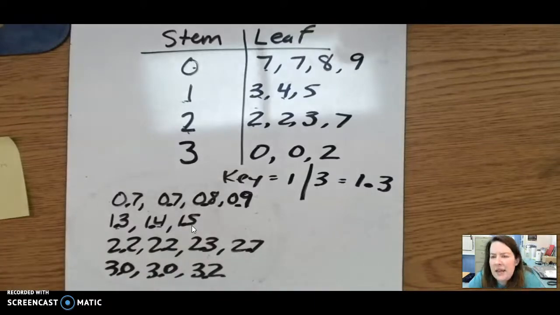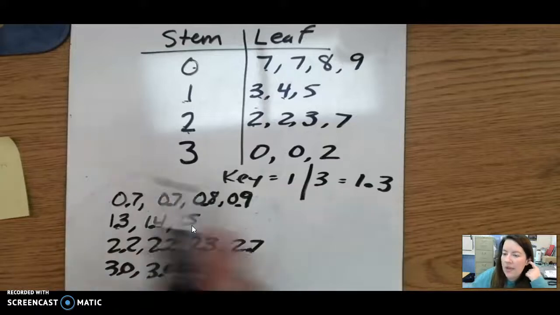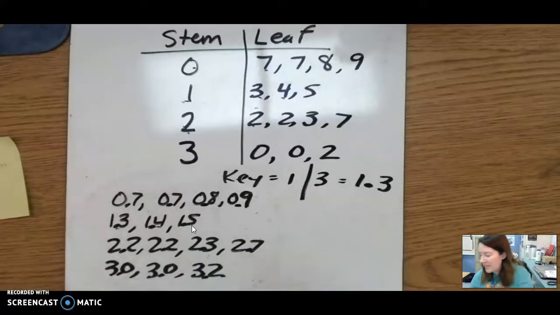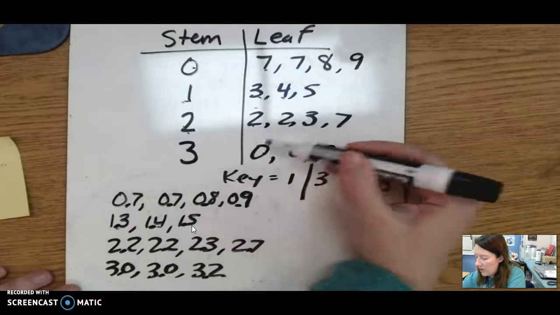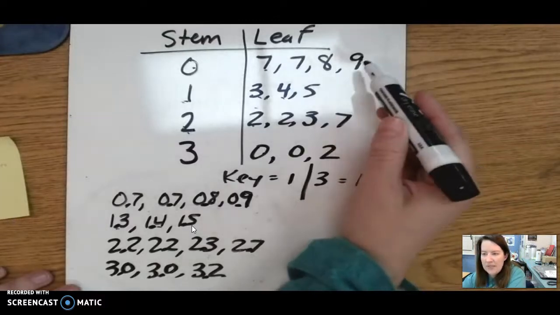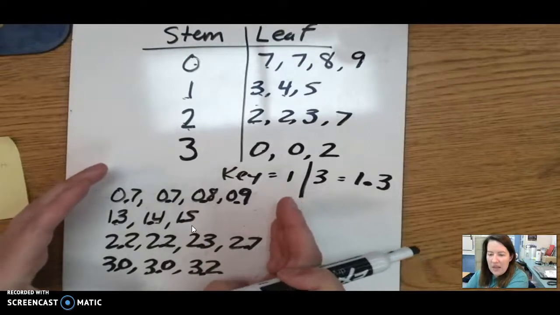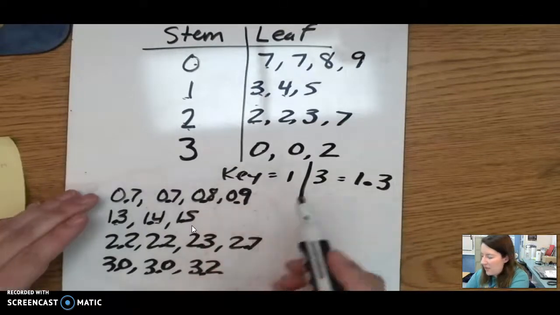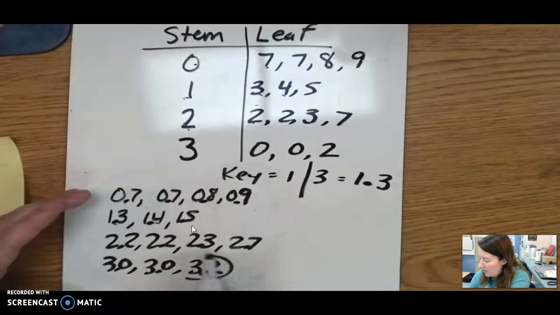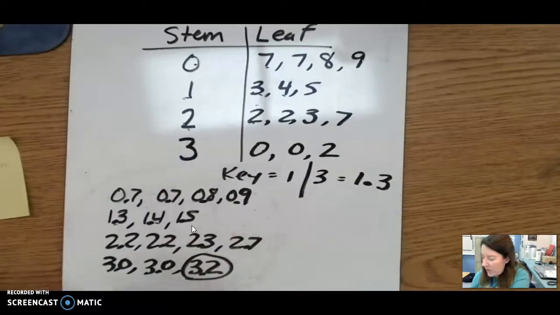And then it's going to say, what's the difference between the largest number and the smallest number on this stem and leaf? Now remember, that doesn't mean, oh, 0 and 9, because that's not what these numbers really are. You have to look at the numbers here and find the difference. So the largest number for this case would be 3.2.